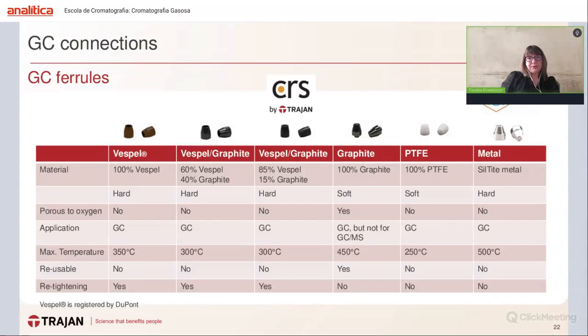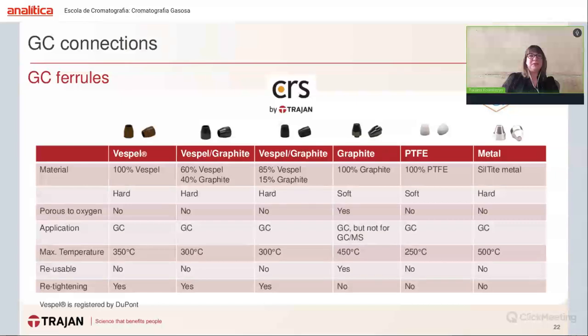All of the ferrules here are suitable for GC, but one of them, so graphite, is not suitable for GCMS due to its porosity to oxygen. So please remember, if you're using the GCMS, don't use the graphite ferrules.